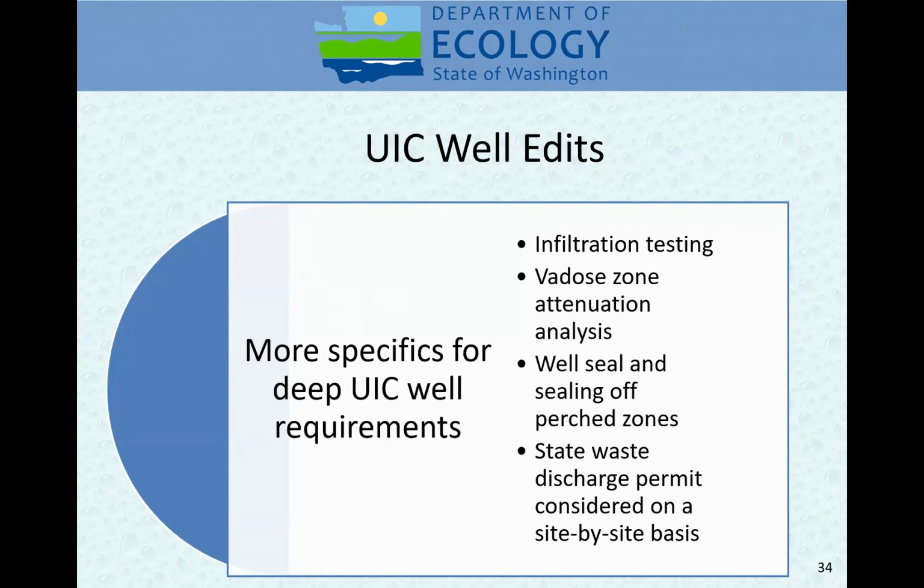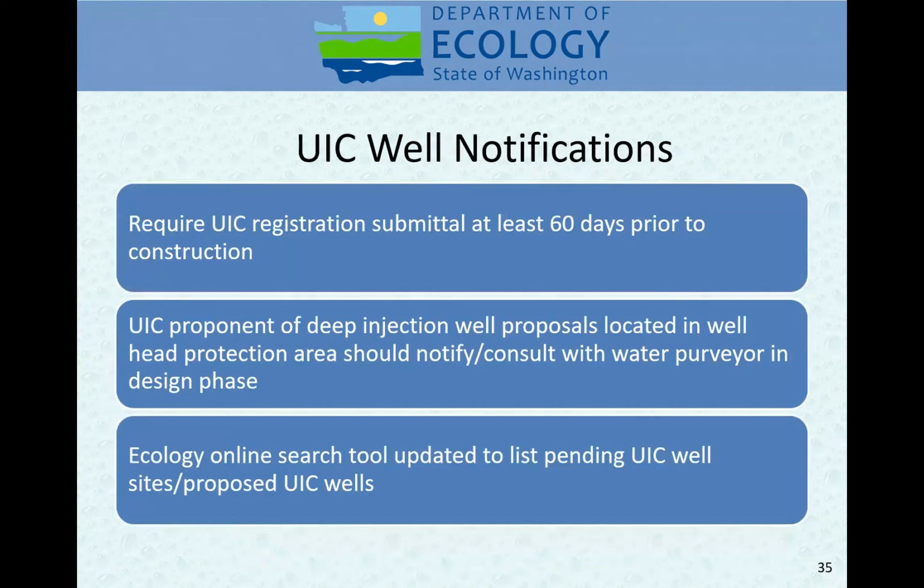You're going to have to talk to the water purveyor downstream of you to make sure that you're not going into their aquifer too close. So you may have to go through a consultant with them, and you may have to drill and install monitoring wells, or you may have to do extra treatment.